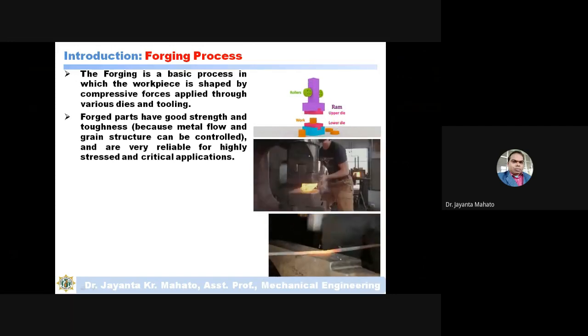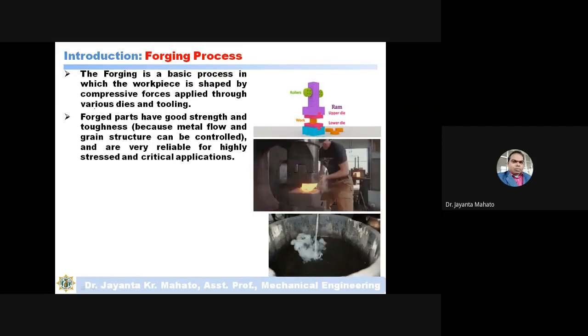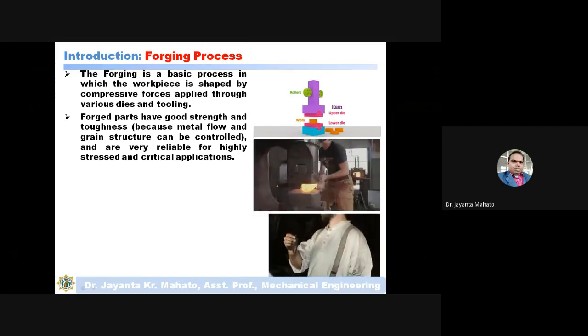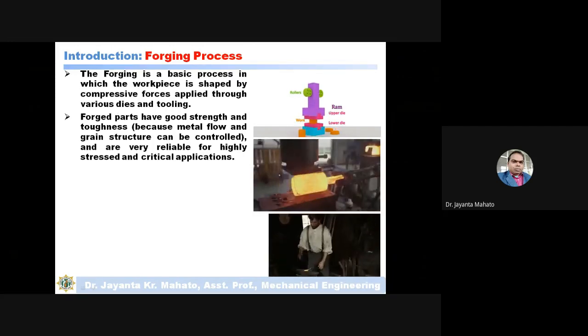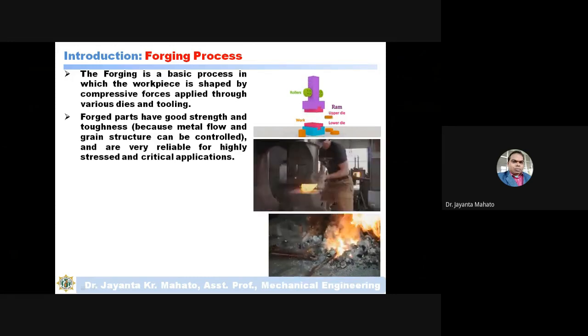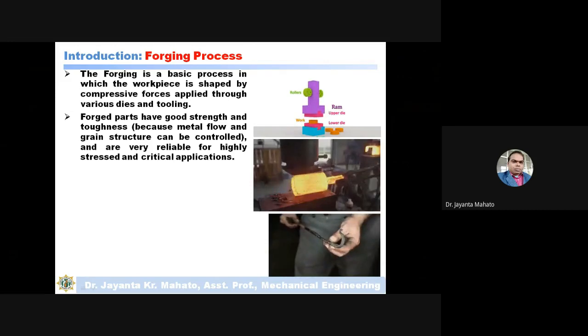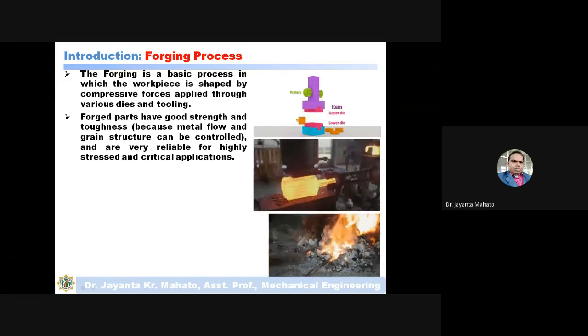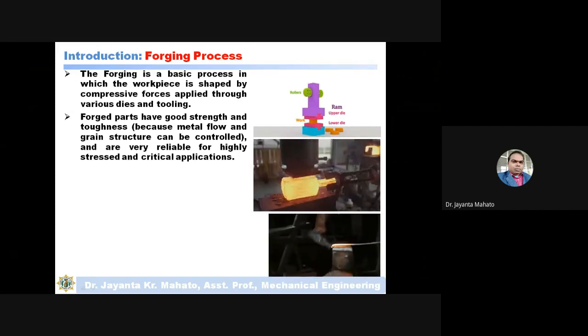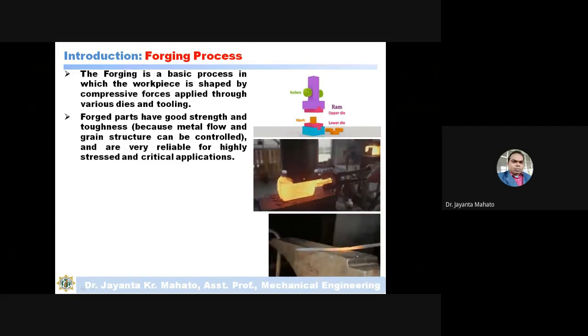This is actually a hot forging process. In this case the material is heated above the recrystallization temperature to deform it easily, and at high temperature the flowability of the material gets easier. Then applying compressive forces, we get the desired shape.